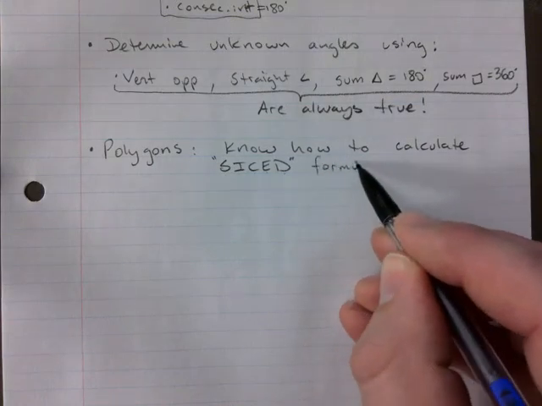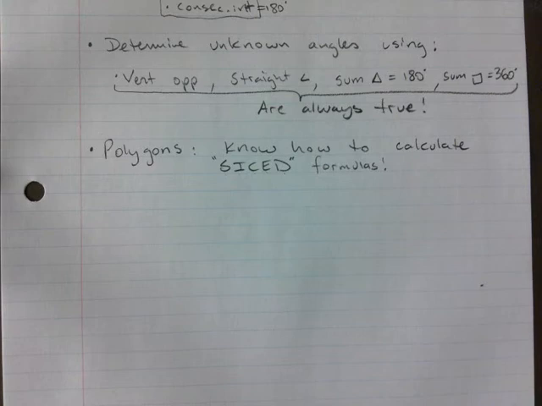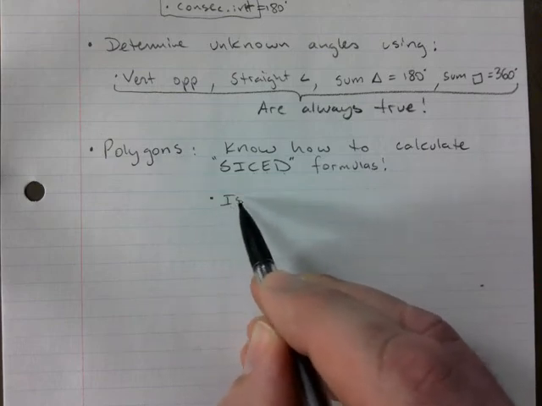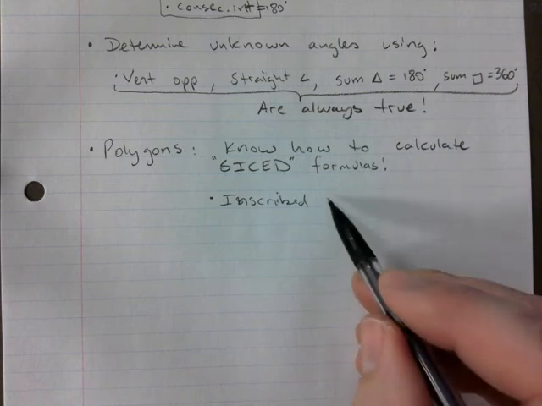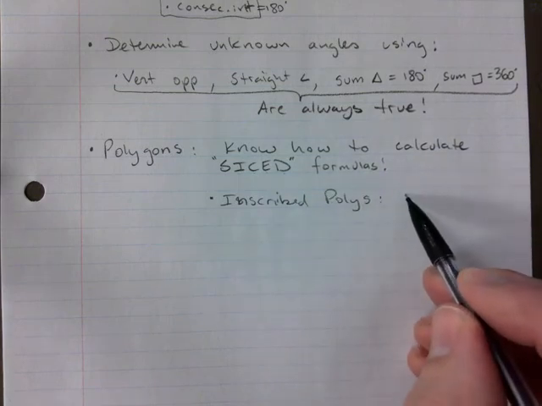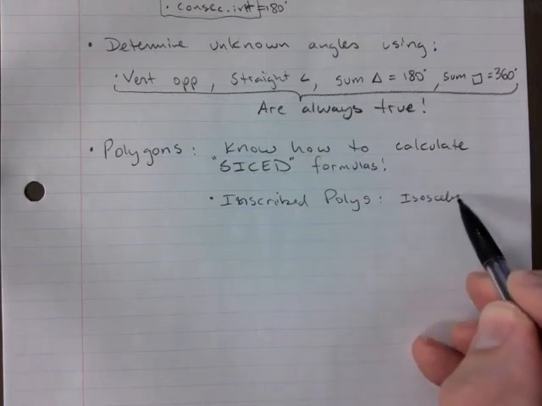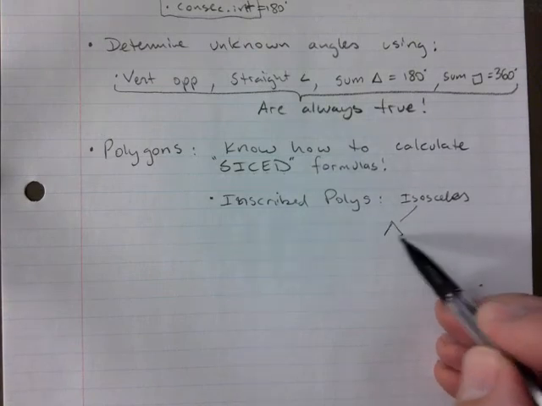So formulas should be on your study sheet, right? Inscribed polys, right? You need to know your isosceles triangle, right?